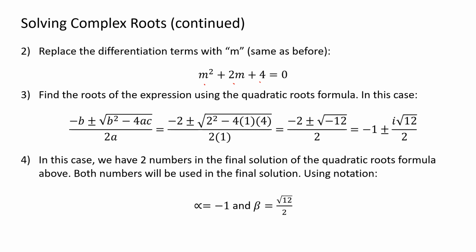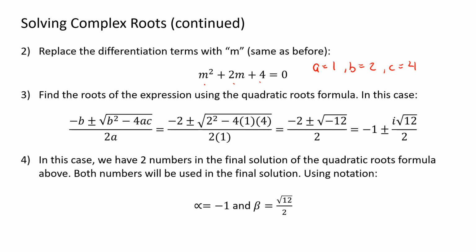So now remember, for complex roots, we have to use the quadratic roots formula. You can't factor them. You're free to use quadratic roots to solve the previous cases as well. It just takes longer to do those calculations when you could just factor it just as easily. It's up to you. Okay? So if we use the quadratic roots, in this case, we have that a is equal to 1, b is equal to 2, and c is equal to 4.